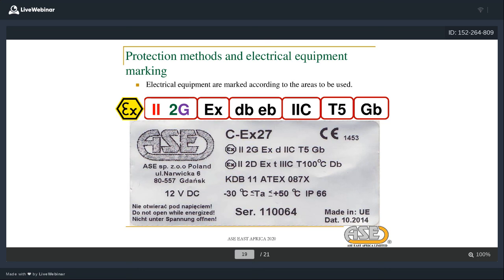If the temperature exceeds the range of minus 20 to 40, this label must be provided, and the equipment must be Ex approved equipment. And here we have IP. So this is ingress protection, and this talks about dust.